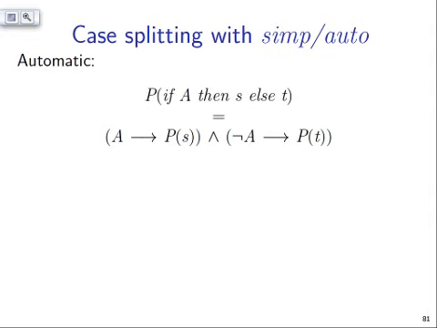If you have a big proposition, so this is just some informal notation, a big proposition P, and inside you have an if-then-else, if A then S else T, then simp will eventually split this up into two cases. It will say this proposition is equivalent to the conjunction of two propositions: one where I assume A, and then I have to prove P of S, the then part, and one where I assume not A, and then I have to prove P of T, the else part.